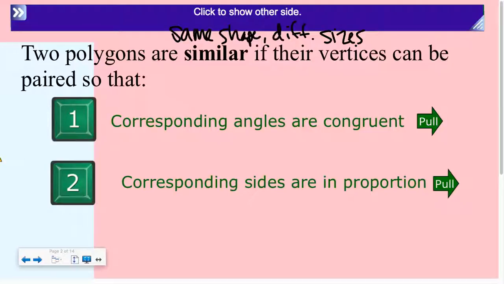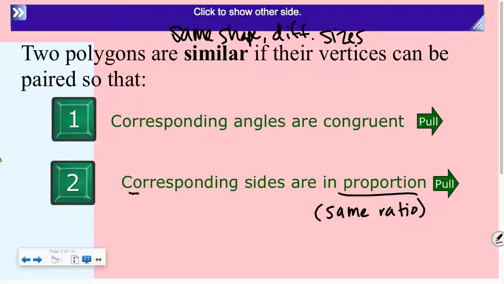So, they're still going to have the same shape and be different sizes, but now we have to check if the corresponding angles are congruent and if the corresponding sides are in proportion. What I mean by in proportion, they have to have the same ratio across the board.